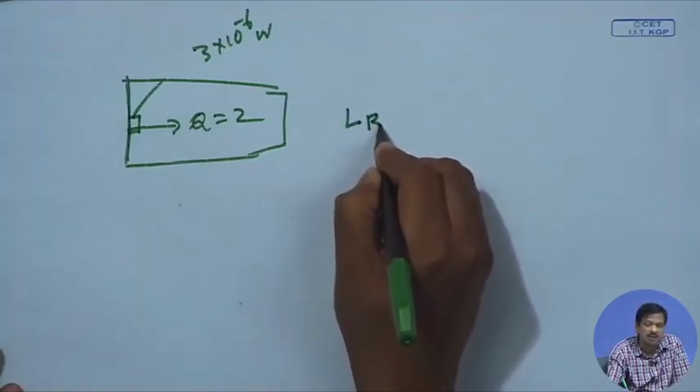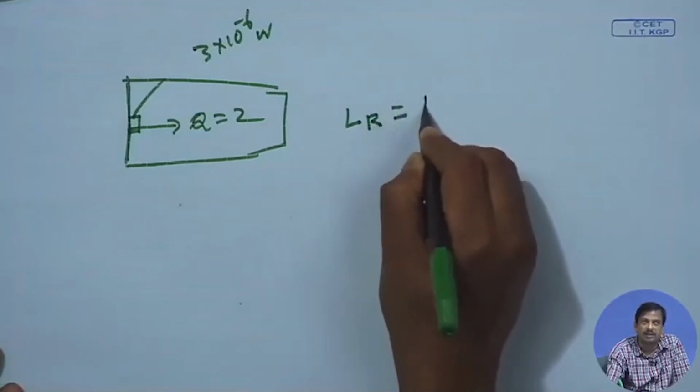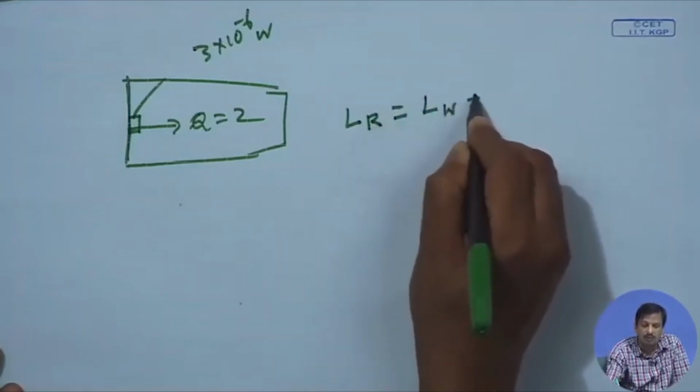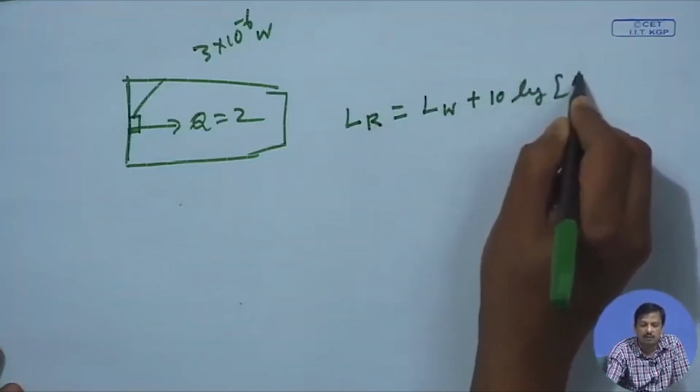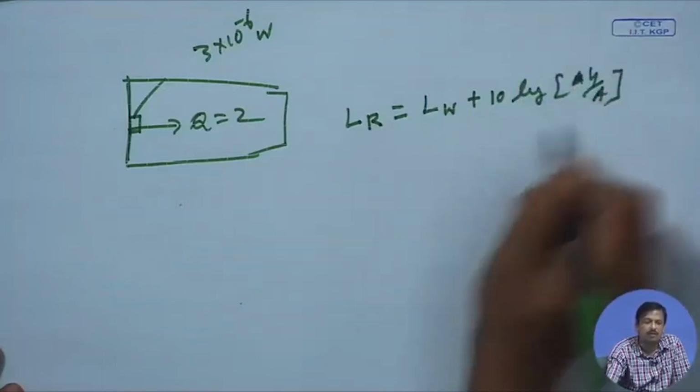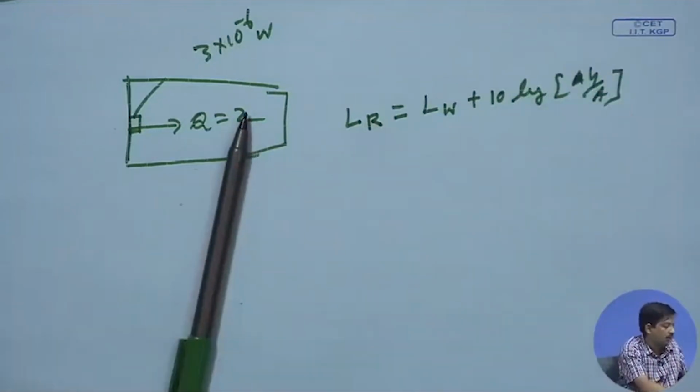Once I know Q, then what is LR? Reverberation sound level is the source level plus 10 log 4 by A. You know that formula? Reverberation sound level at any point in the room, I can open lecture number 2 and show you the formula.